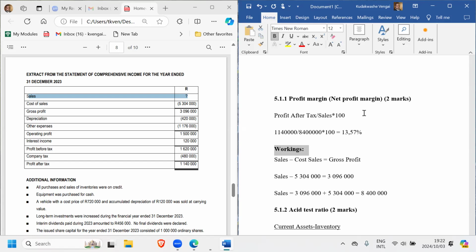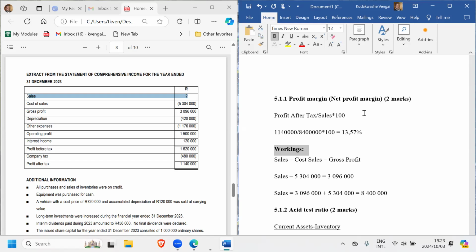Right. So in addition to this, he might ask you to interpret your ratio. If you have a ratio from last year, you can compare. If the ratio from last year was 10%, you can say this is 13%, so there is an increase in the net profit margin ratio.